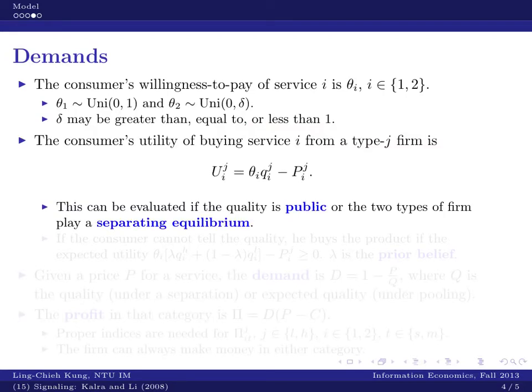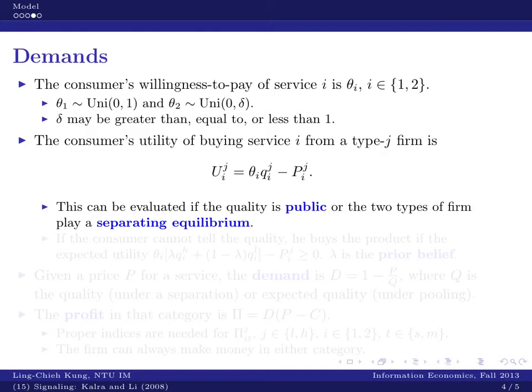The consumer's utility of buying service I from a type J firm will be this one. My utility for service I and quality J will be exactly in our standard form: theta I, my willingness to pay, times the quality I get, minus the price I pay.